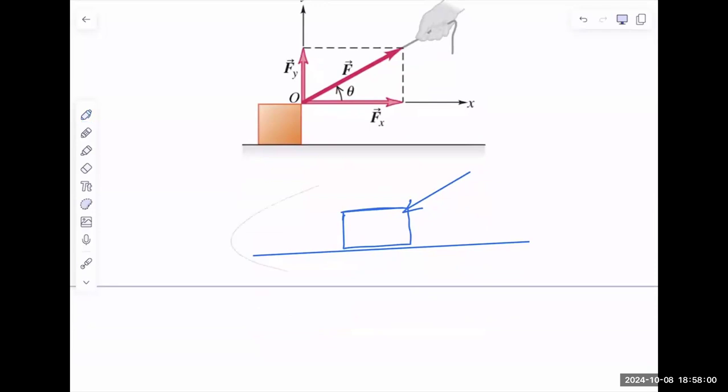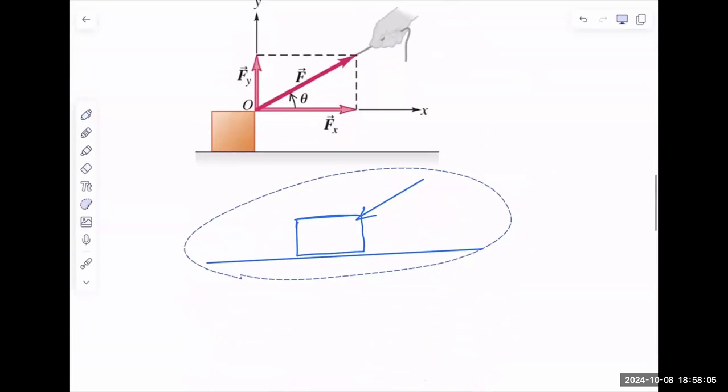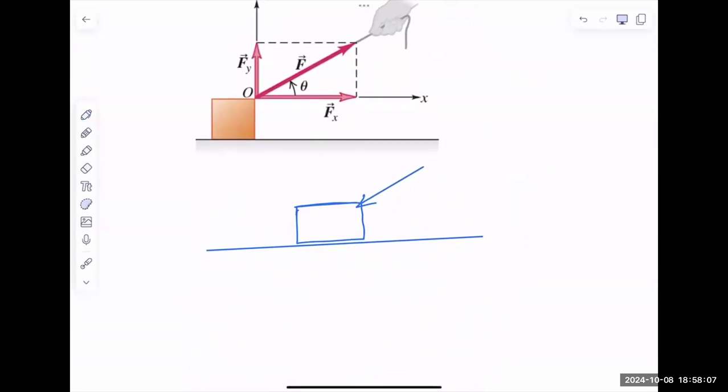So this time, if I push this object down below, I can also draw my free body diagram, the diagram of this force. From here, my vector diagram, I can say this is my force which is acting downward, because for a vector it doesn't matter this or this, they are the same, right? So now this is acting down below from the ground at an angle of theta.